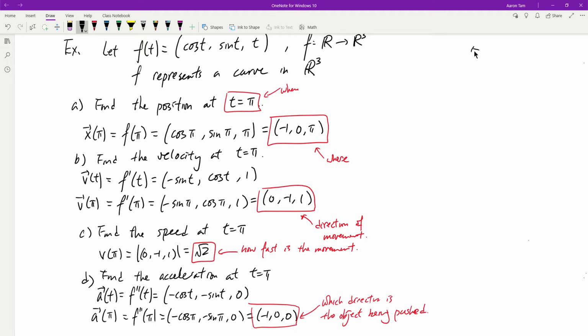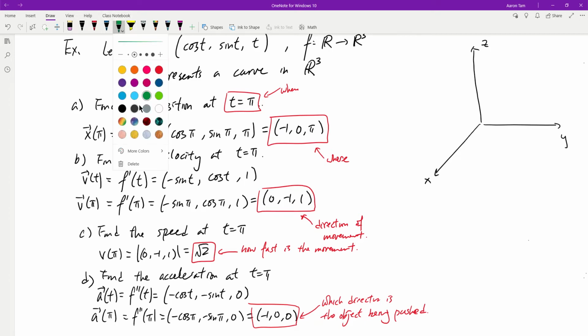I'm going to see if I can try to draw this graph. So here's my x, here's my y, here's my z. Here's how the graph looks. Let's pick a nice color. The graph looks something like this.